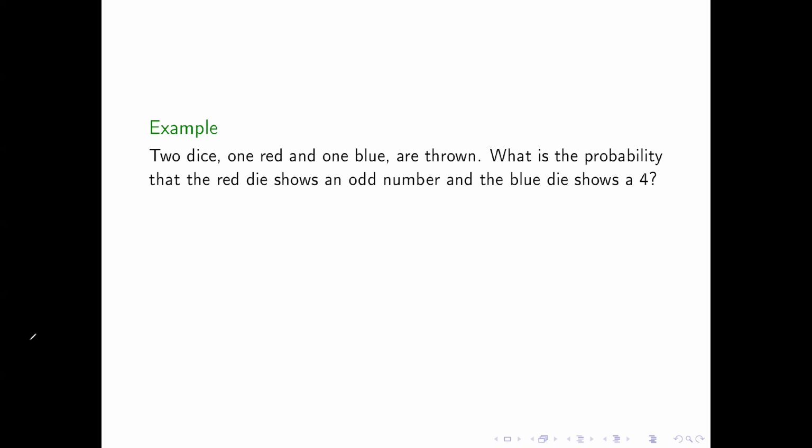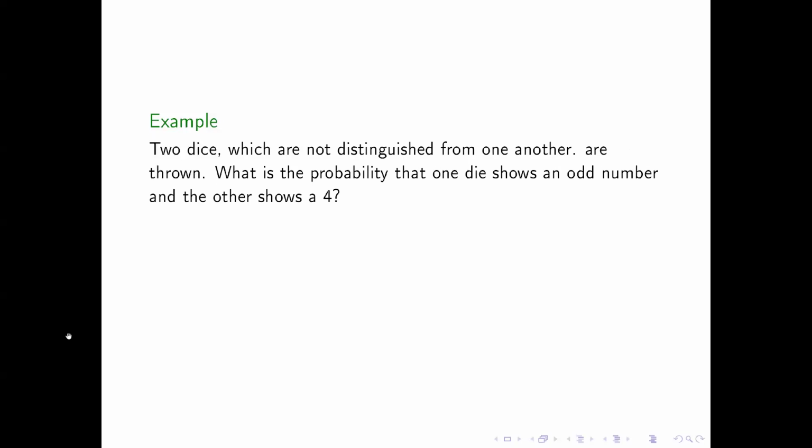Or what if we now say the 2 dice are identical? They look the same, so I can't tell the difference. What's the probability one is odd and one is 4? Now, your instinct might be to go with the same answer, which is 3 out of 36. If you did, you'd be partly correct.